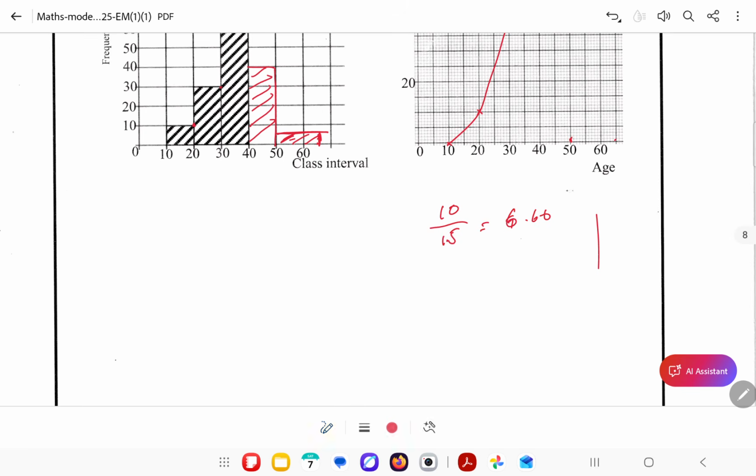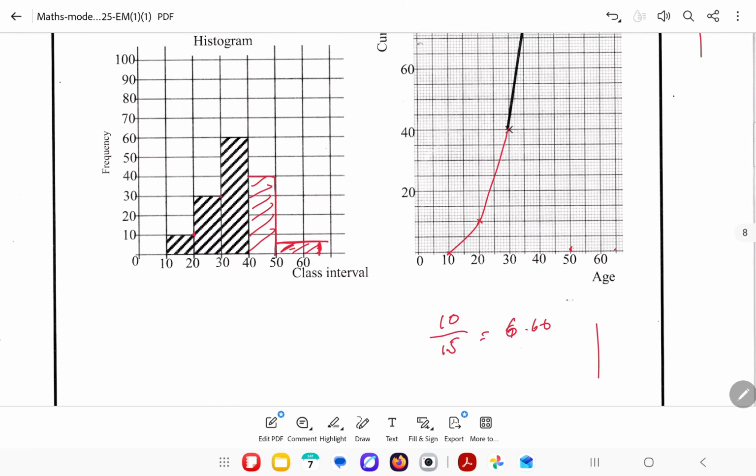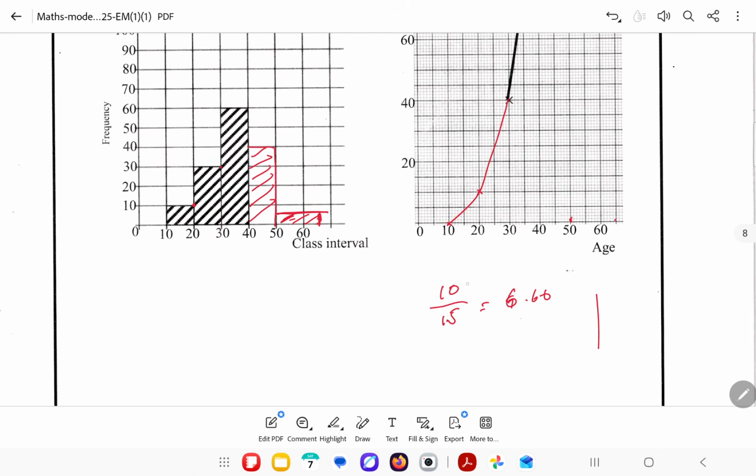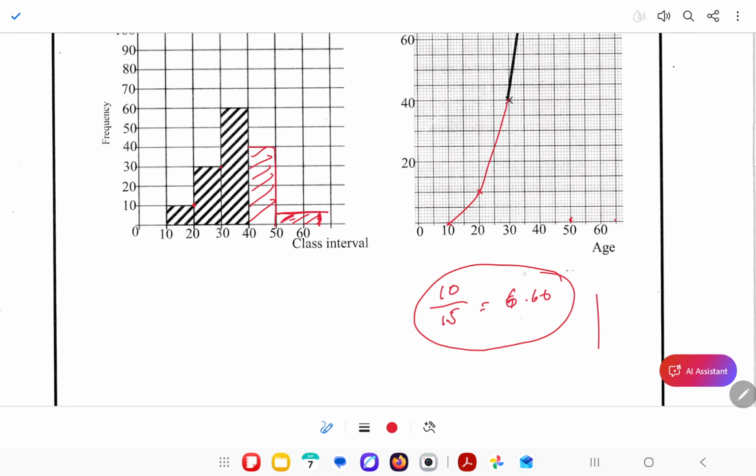So that's the histogram. Because this interval is different from the other ones, we have to use a different height, not 10.